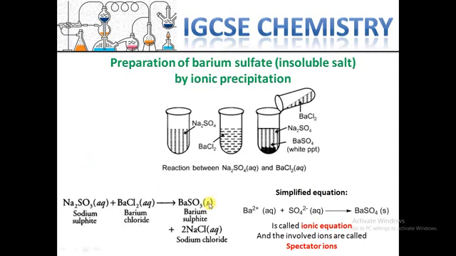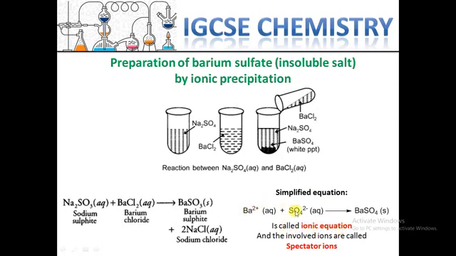The letter S means solid, a precipitate collected at the bottom of your dish. If we simplify the reaction, only barium from the barium chloride reacts with sulfate, SO4, to produce barium sulfate, which is a solid and our precipitate. This type of reaction is called an ionic equation.